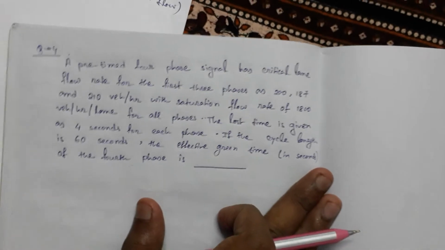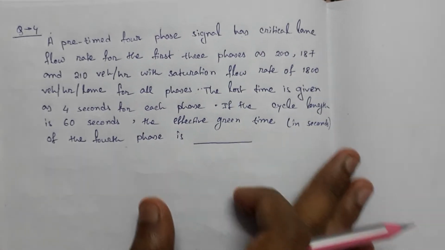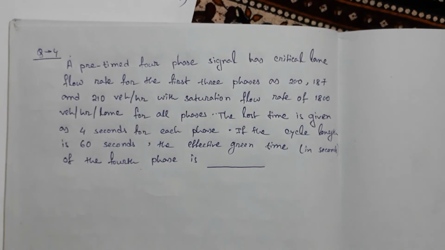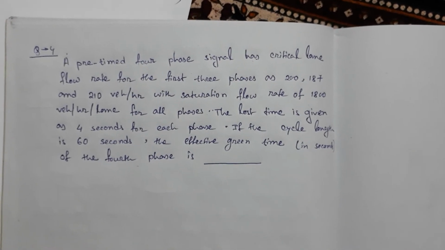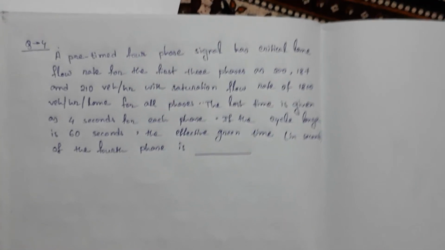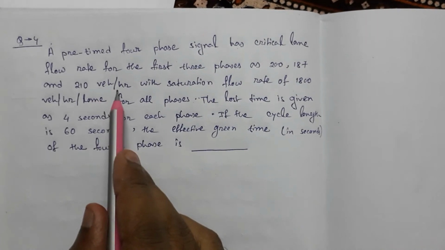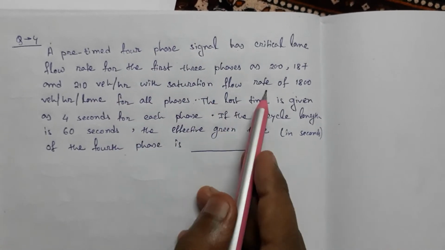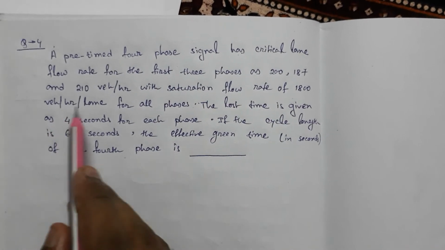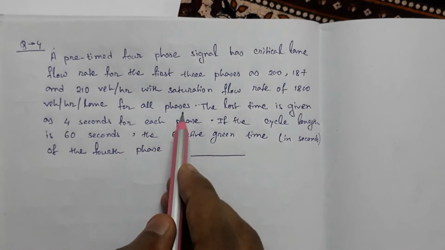Now come to another problem. A pre-timed 4-phase signal has critical lane flow rates for the first 3 phases as 200, 187 and 210 vehicles per hour, with a saturation flow rate of 1800 vehicles per hour per lane for all phases.